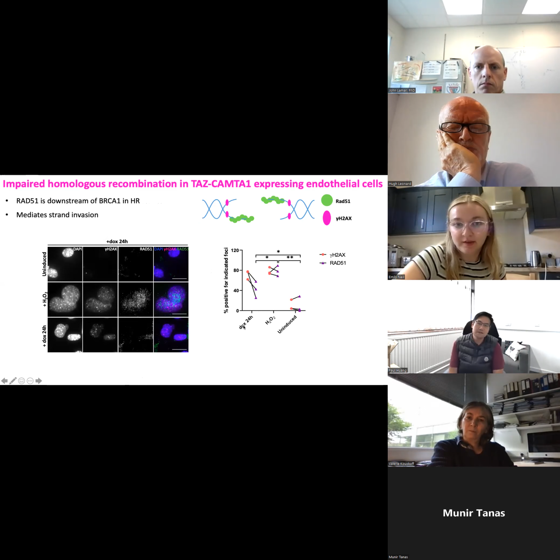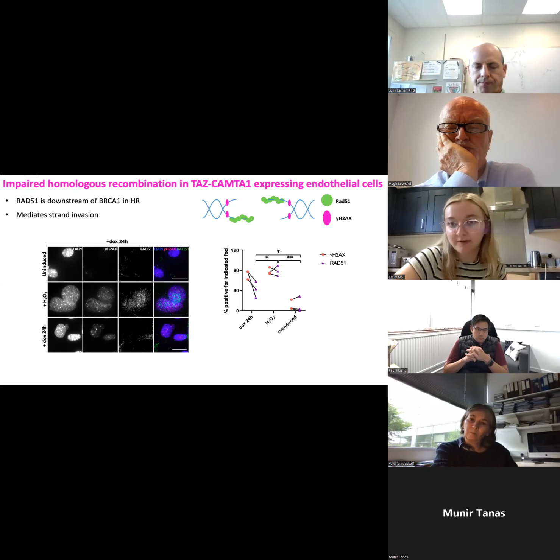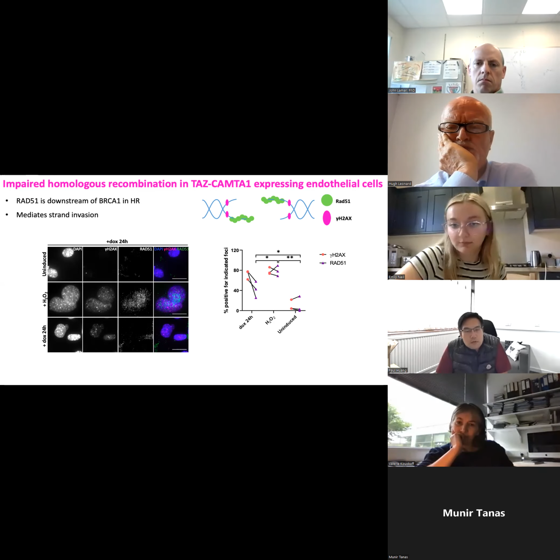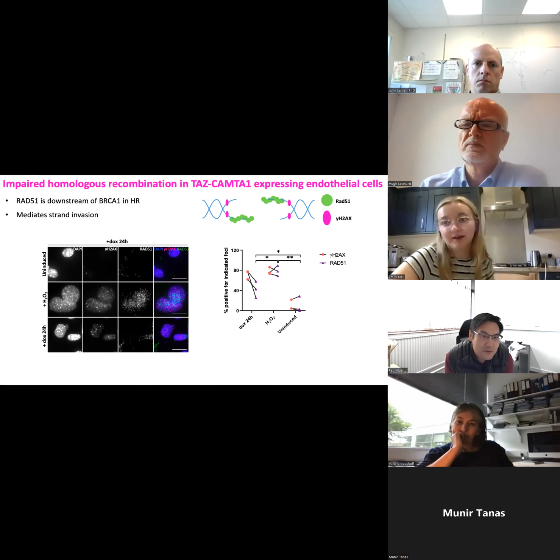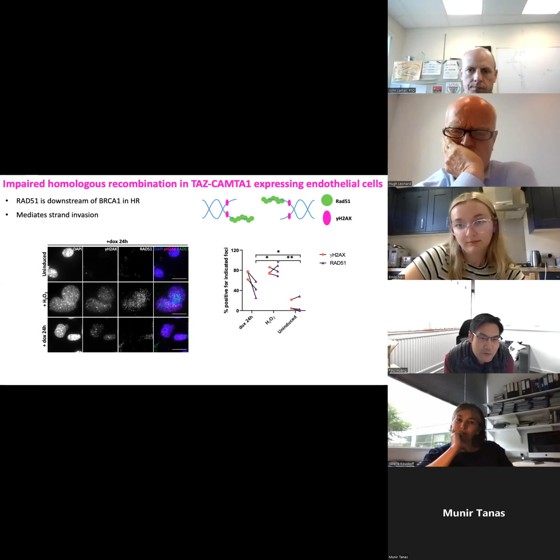Because if you look purely at the expression of the protein, BRCA1 isn't hugely reduced, but it's more its ability to form the foci, and because it can't form the foci, you do get the decrease in RAD51. So that being downstream is more pronounced. Yeah, I'm just saying maybe it's something to bear in mind in terms of a translational biomarker, because the experience with PARP inhibitors is that it's not going to be useful for everybody and everything.